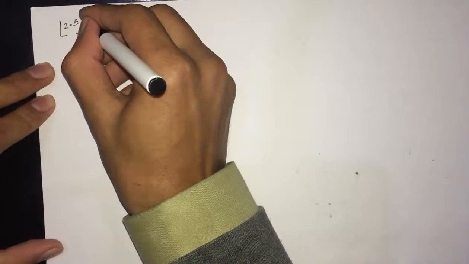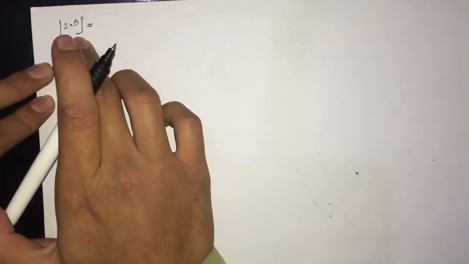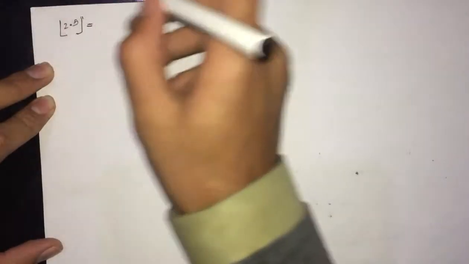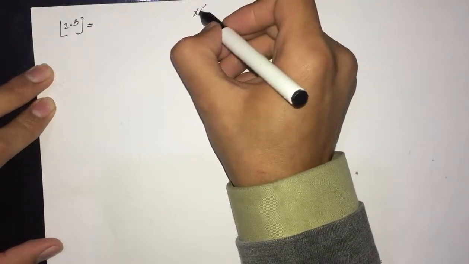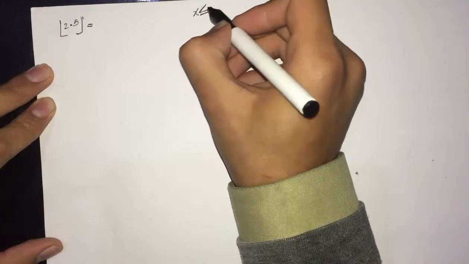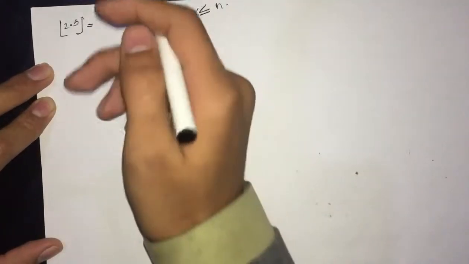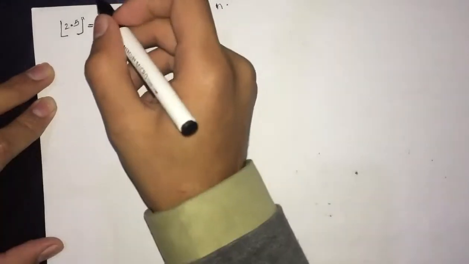it will output the value 2, because 2 is the closest and it's the greatest value that is less than or equal to the number. So here it will output us 2.